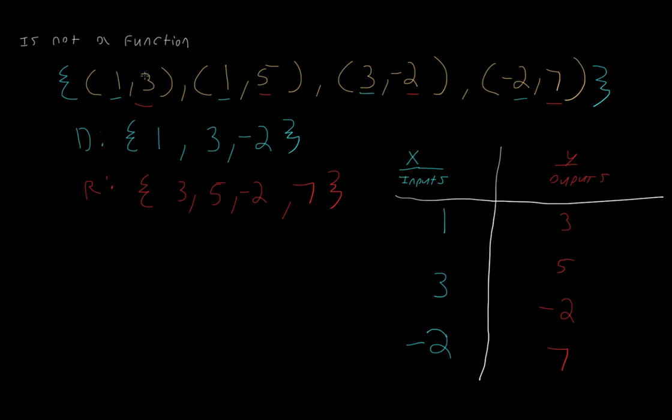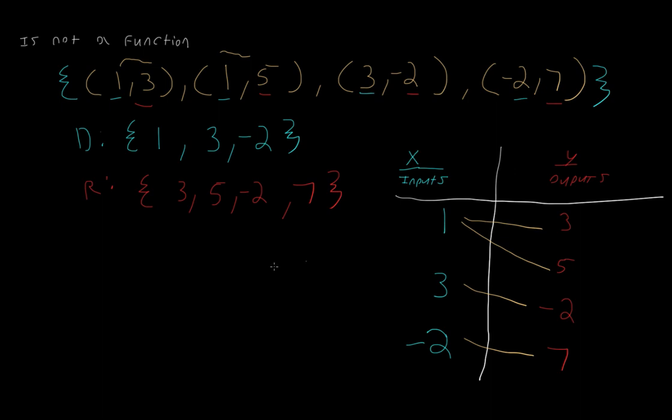Let's see, 1 corresponds to 3, looking up here, and 1 also corresponds to 5. And then 3 corresponds to -2, -2 to 7. So you see, it's only a function if one x corresponds to only one y value, but right here it's corresponding to two y values. Therefore, it is not a function.